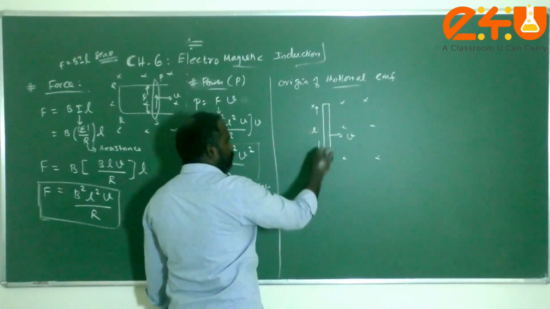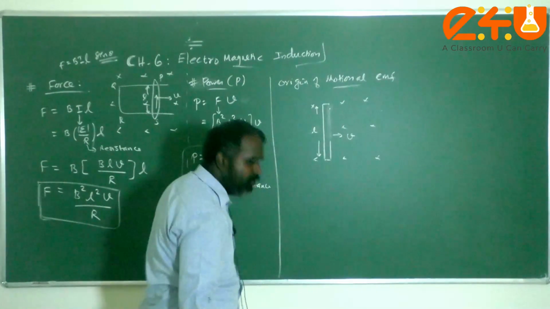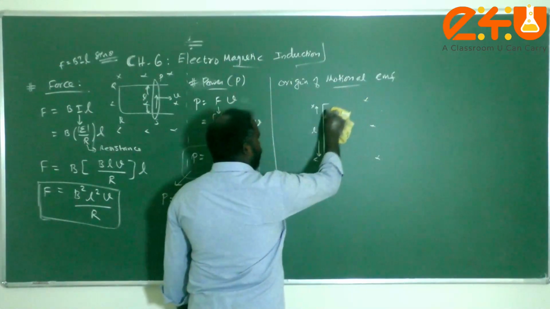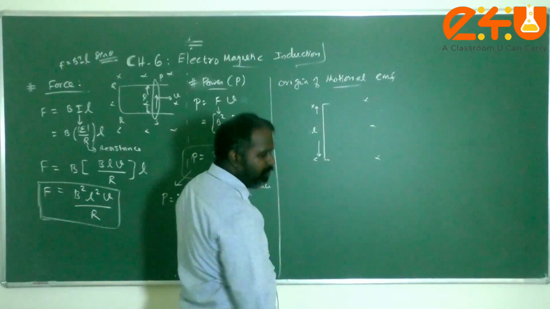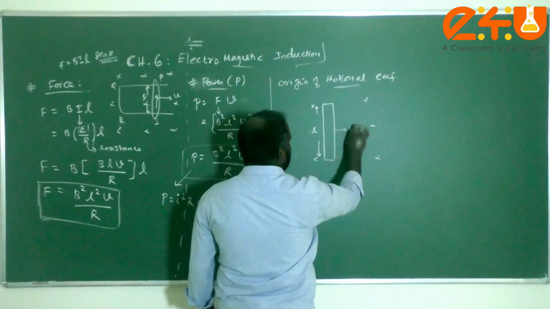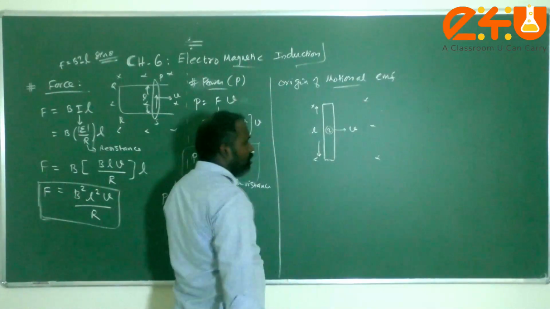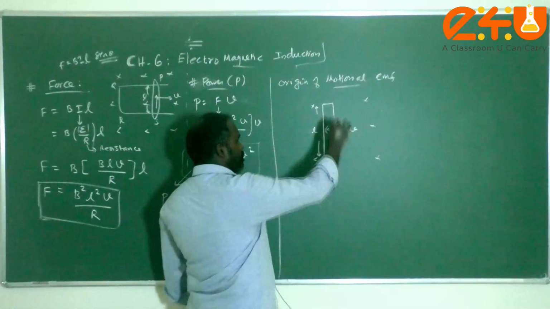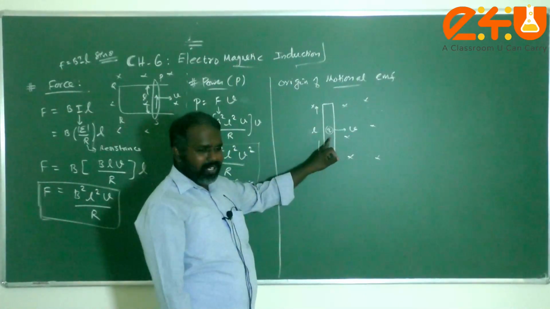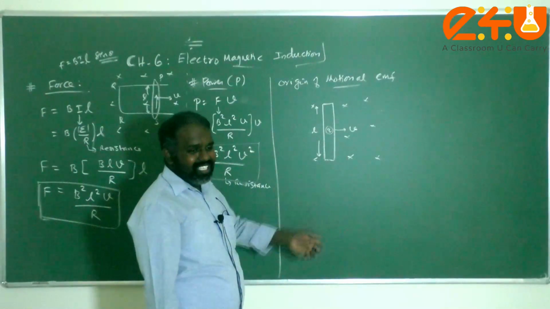Let us consider Q to be the charges in the moving conductor, because all materials are made up of charges. So this is some charge Q. Whenever it is moving in the applied magnetic field, this charge will experience the magnetic Lorentz force, F is equal to BQV sin theta.